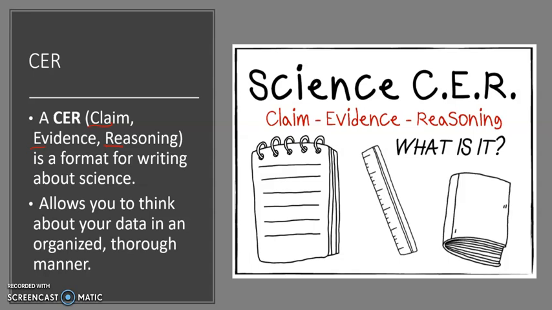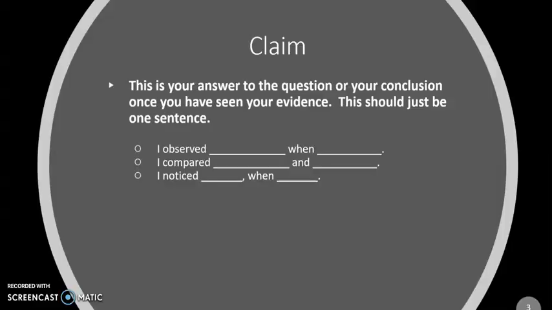After we have done research, whether it's an experiment that we've conducted or one somebody else's that we've read, we can write a CER, which allows us to pull everything together, to take all the data that you found in your research and organize it in a way that makes sense.